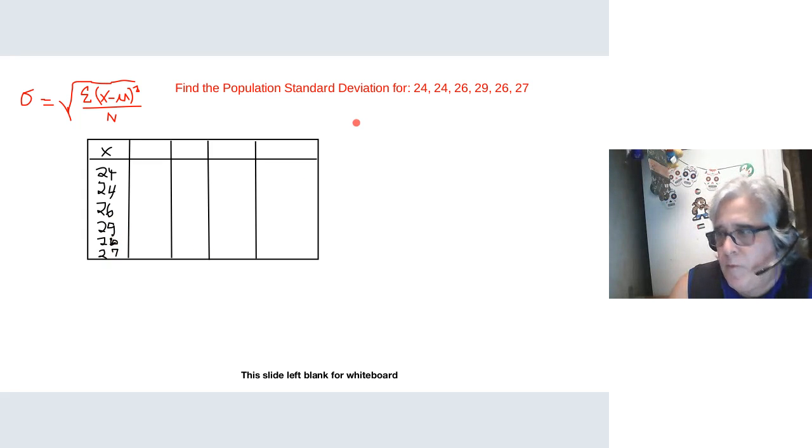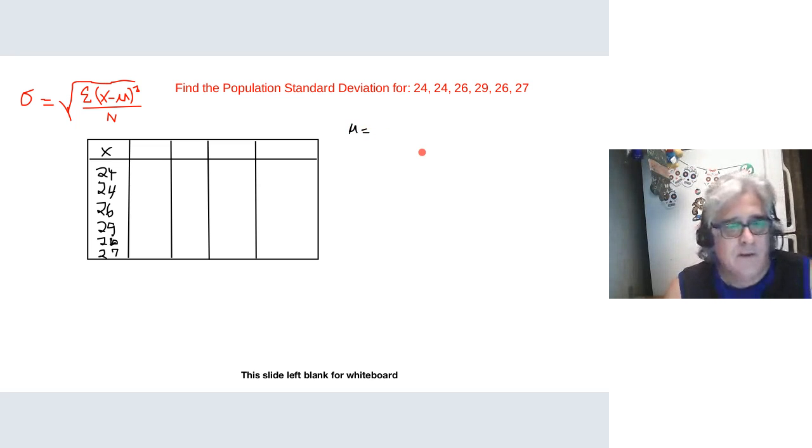Well, the first thing we need to have is the mean. And in population terms, it's called mu. That's not a U. It's a fancy looking U. It's called mu. But it's the same calculation.